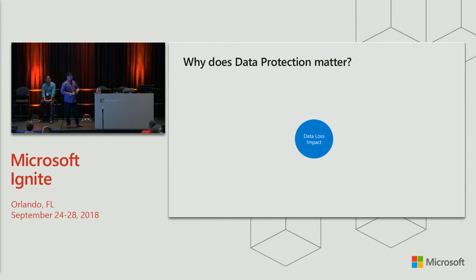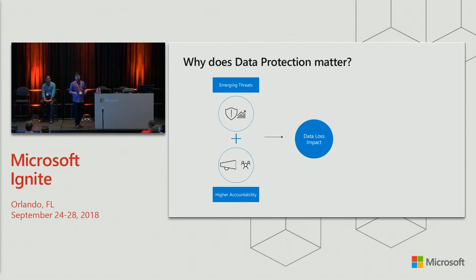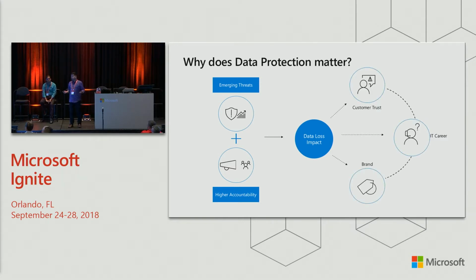The issue is that ransomware is getting smarter, and now with GDPR regulations asking you, organizations, to tell customers whenever there is a data breach, the impact of loss of data is just tremendous. I mean, you lose customer trust, it impacts your IT career, my IT career, and also the fact that it affects the brand, right?